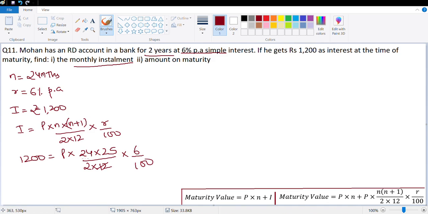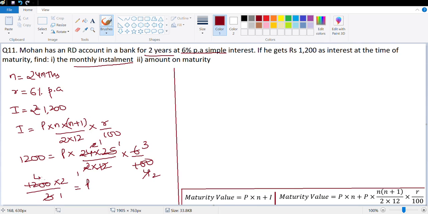So 12 1, 12 2, 2 1, 2 1, 25 1, 25 4, 2 2, 2 3, which means 1200 into 2 upon 3 is equal to P, 3 1, 3 400. Therefore, P is equal to rupees 800. So the first part of the question done.